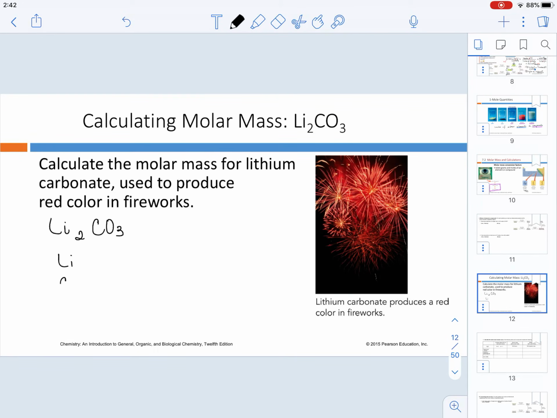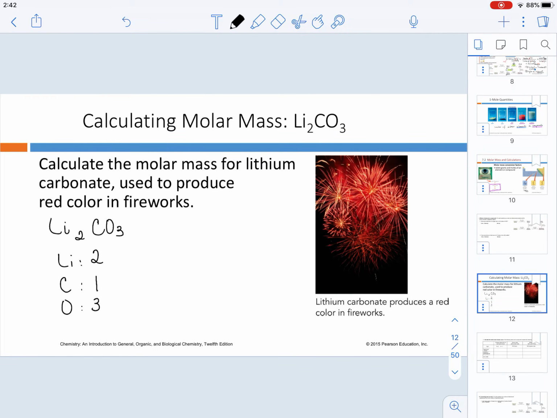So first we establish the elements that are there. Li, lithium, and then C for carbon, and O for oxygen. Then utilizing the subscripts, we're going to determine how many of each of these elements we have. As you can see, we have 2 lithiums, we have 1 carbon, because there is a 1, it's just that it is omitted, and we have 3 oxygens.